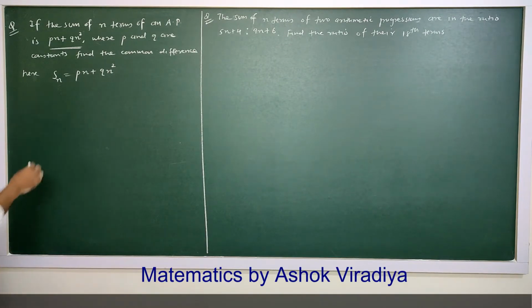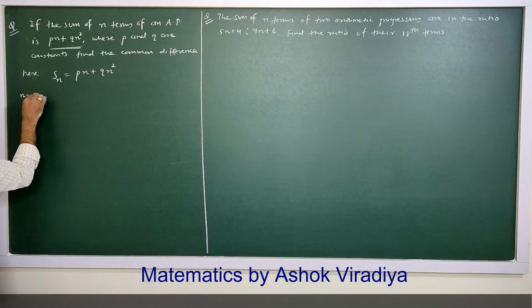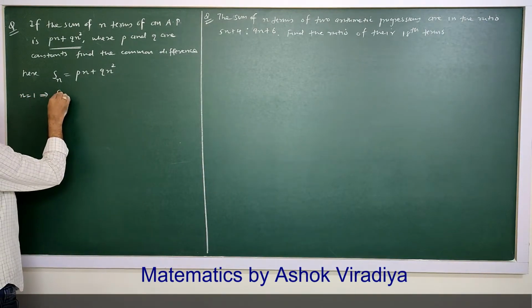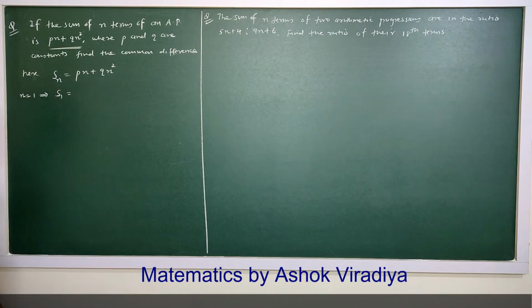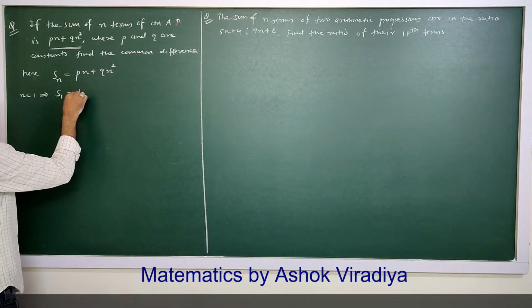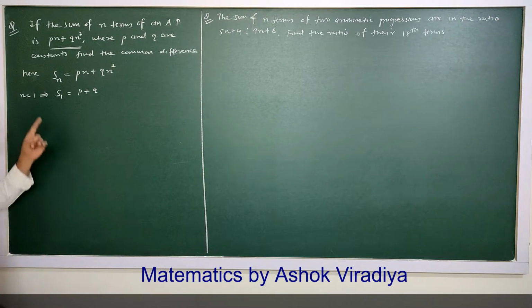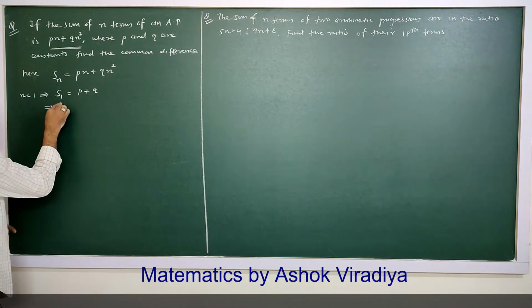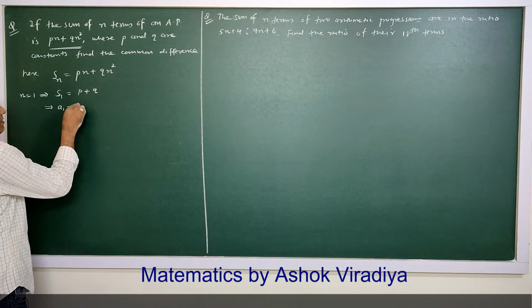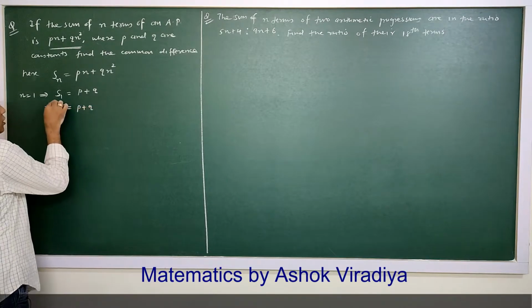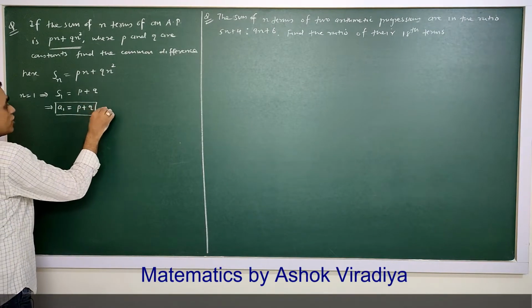In this formula, I am putting n equal to 1. S1, the sum of the first 1 term, means the first term itself. So S1 is P plus Q. This is nothing but a1. a1 is P plus Q. So this is equation 1.